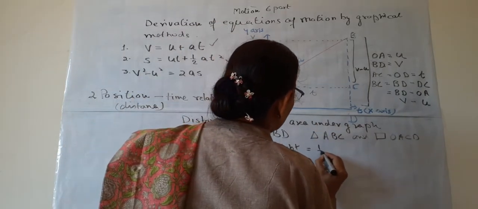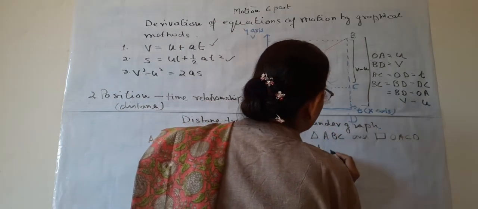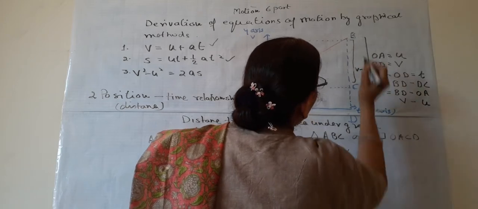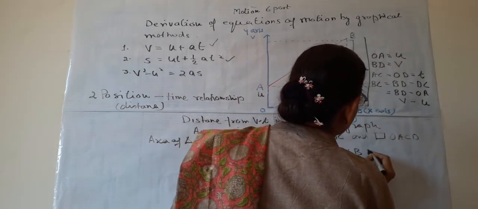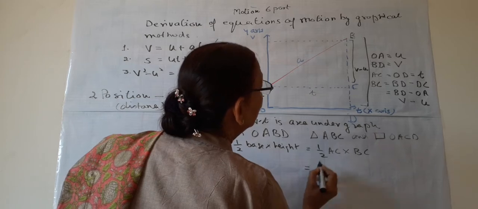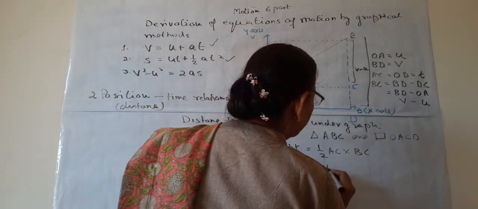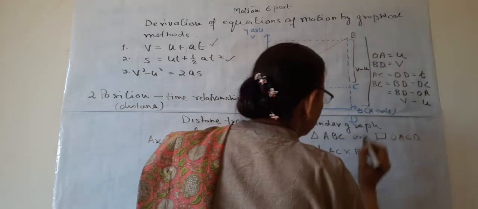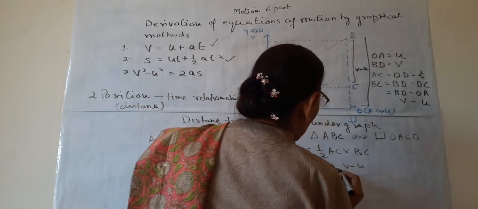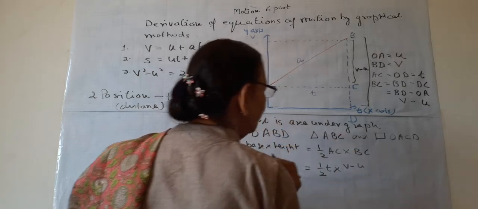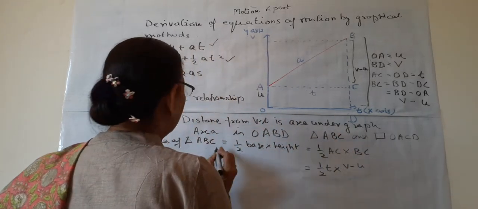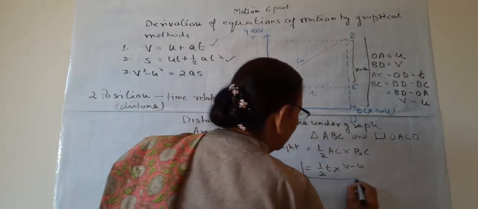So it will be equal to half, base is AC, into height is BC. We know this AC is T. So half T into BC, which is V minus U. Half T (V minus U) will be the area of this triangle.